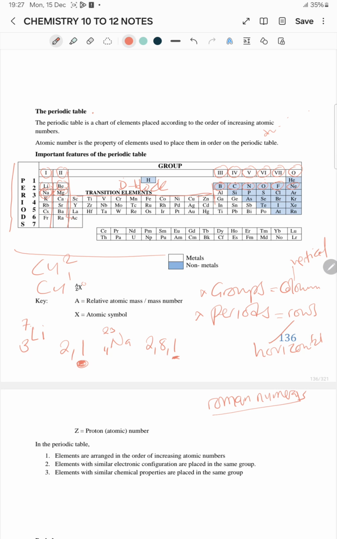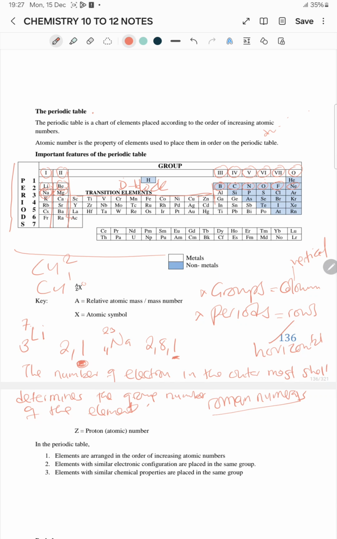Then we will say that the number of electrons in the outermost shell determines the group number of the element. That's what we can say.